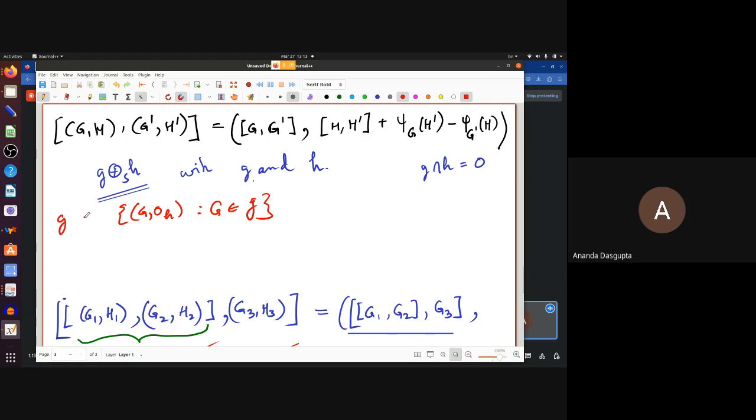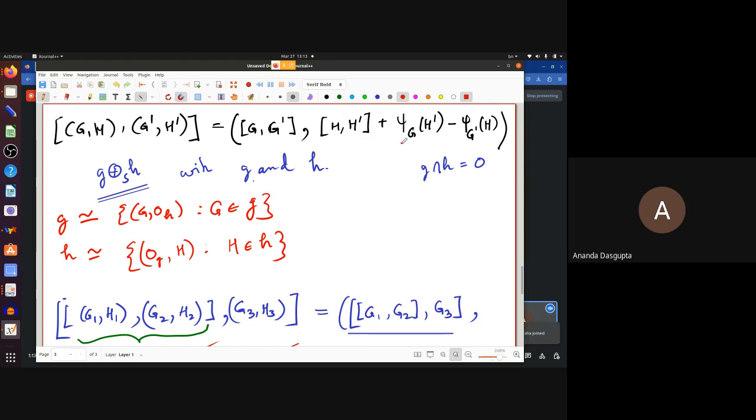This is obviously isomorphic to small g. And small h is isomorphic to (0, h), where h runs over small h. So these are the two subalgebras of the semi-direct sum, which are isomorphic to small g and small h respectively.